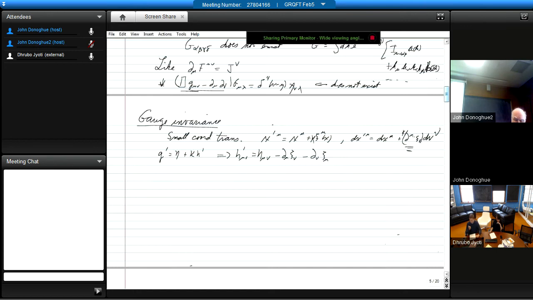It basically cancels off those pieces there. So this is supposed to be an invariance. All the curvatures are invariant under it. So curvature is invariant.